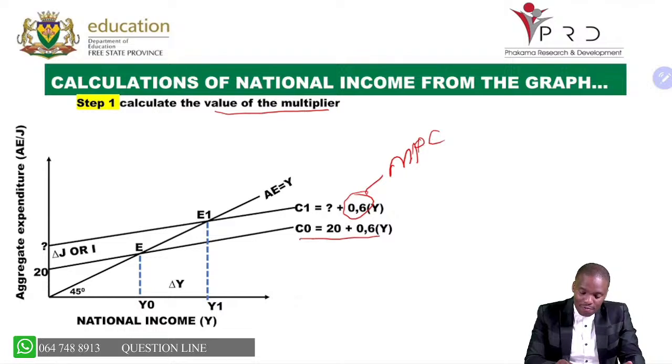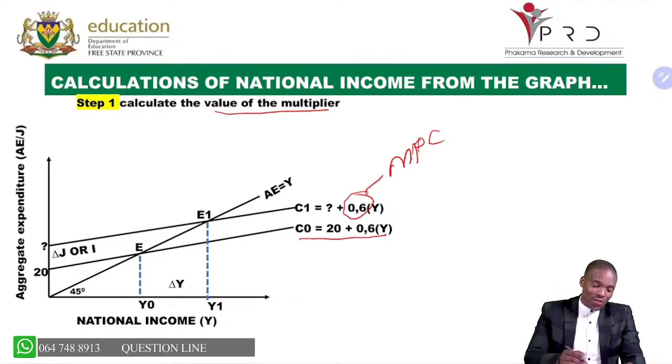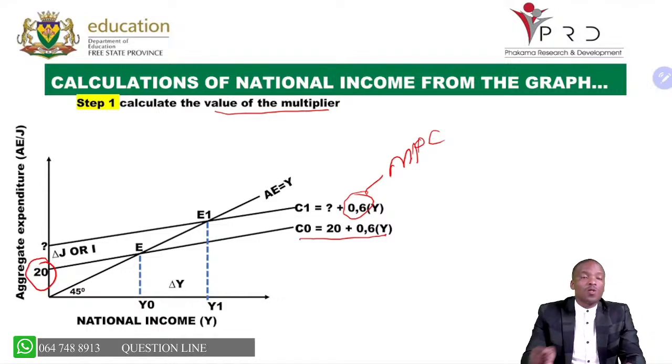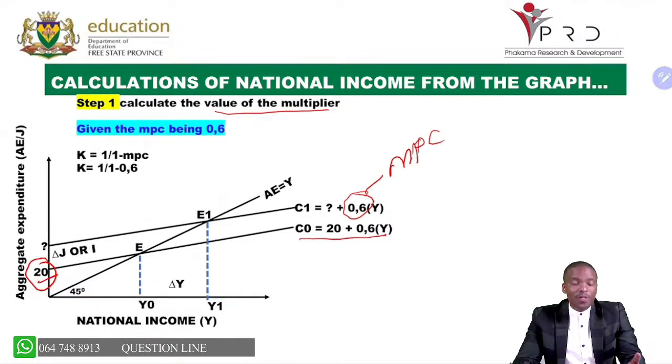The original consumption function is 20 plus 0,6 of Y. That 20 is our autonomous consumption or injections. Given MPC being 0,6, we can calculate the value of the multiplier, and it is 2,5.